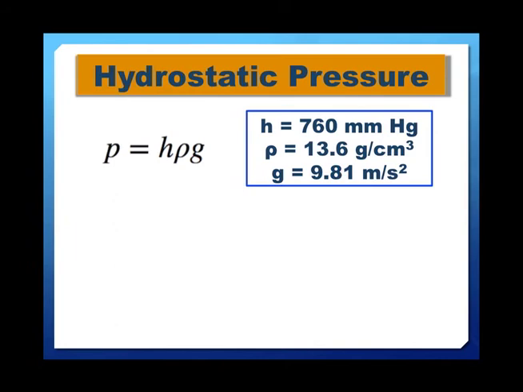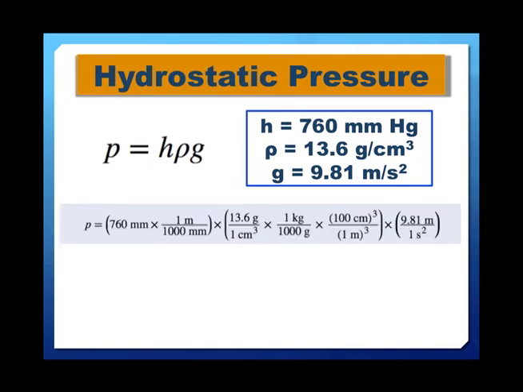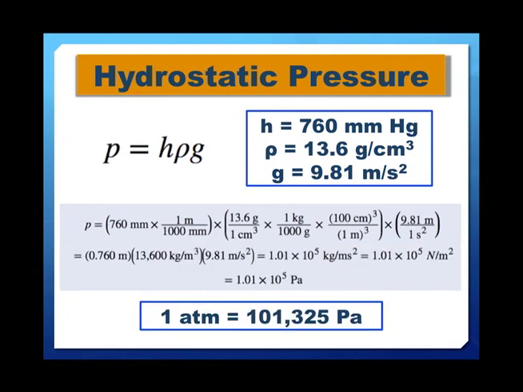We will want all our units to agree, so we can plug in the height of the column and convert to meters, the density converting to kilograms per cubic meter, and then the gravitational acceleration. We will get about 101,000 pascals, which is equal to atmospheric pressure, and therefore corroborates our experimental observation.